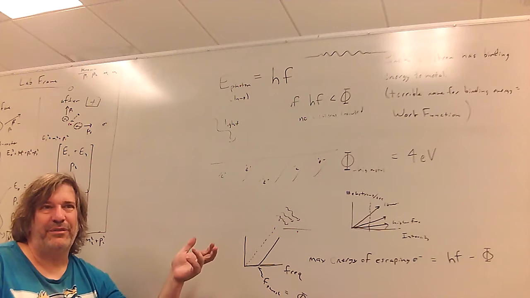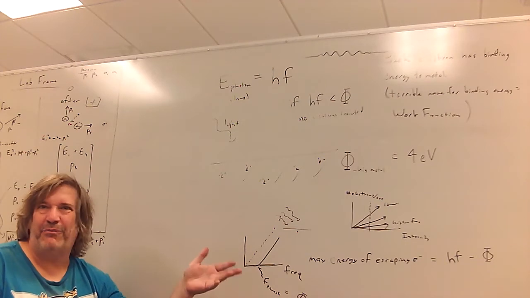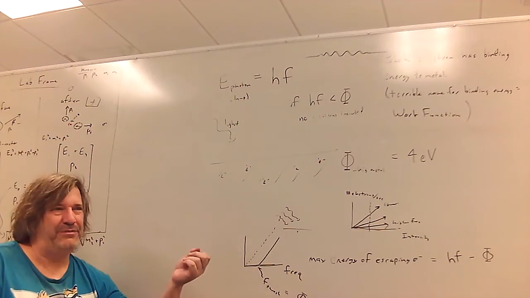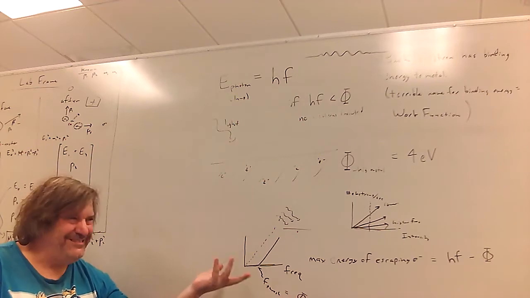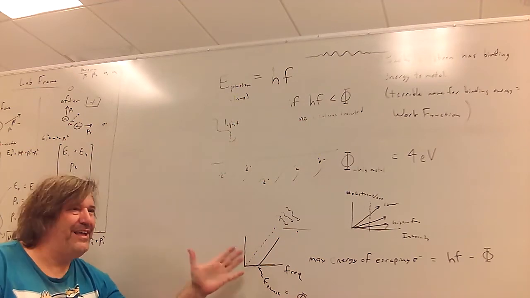Because if we say, okay, this axis is intensity, so we draw a vertical line there, this would be saying compare different frequencies all at the same intensity, how many electrons escape.